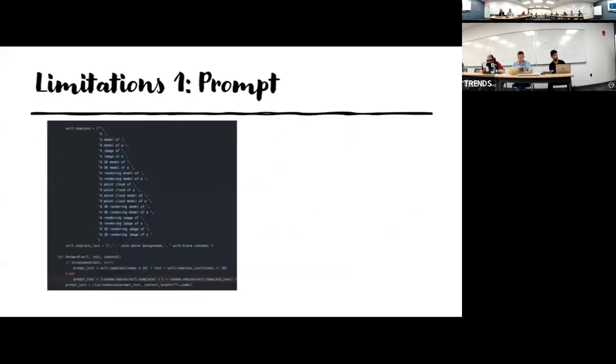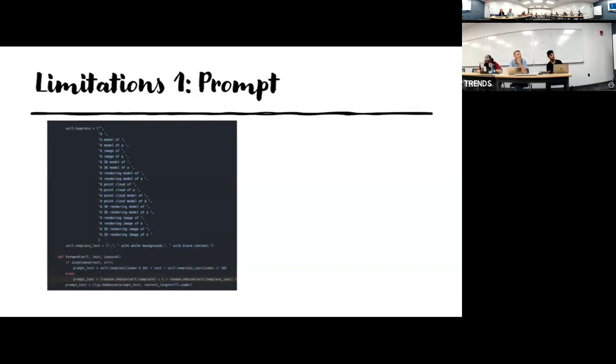But in the code they have provided, they have a template for the prompt itself, like a point cloud model of a 3D rendering model or something like that. What I found out is that even if you try to run that, you will not have a good generalization of the prompt to generate that particular image. I feel this is a limitation, since they have just hard coded the prompts into a template.